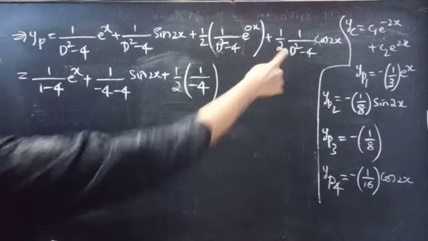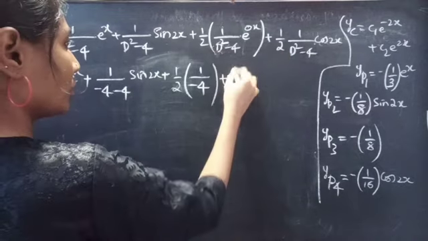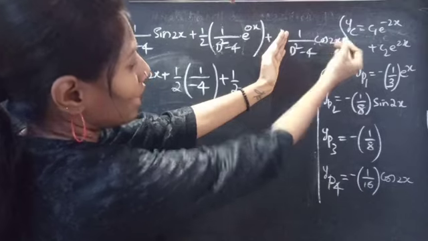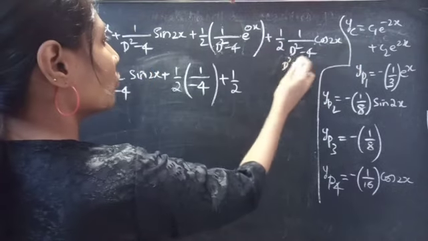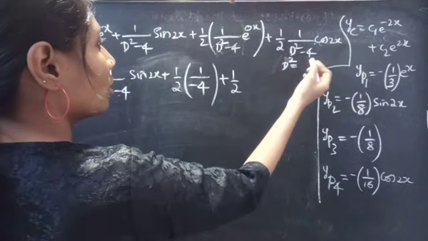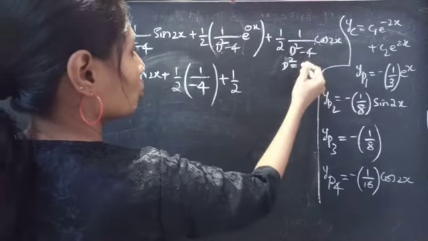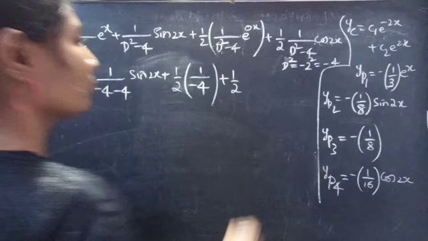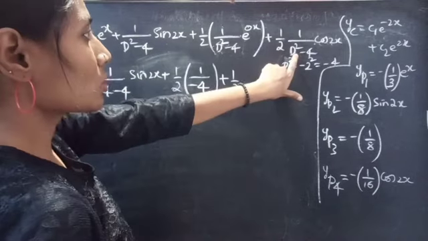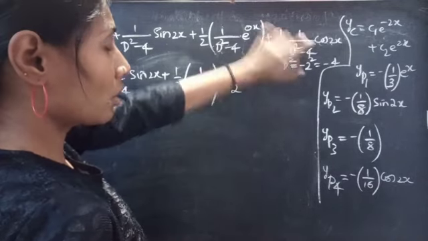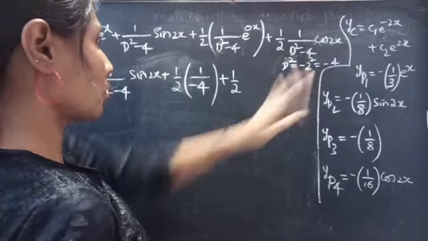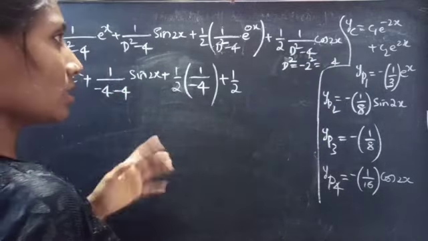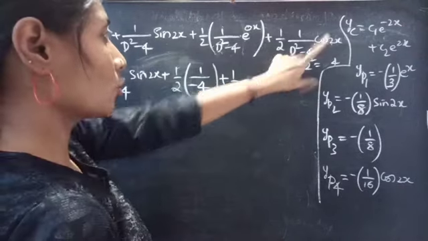Now, coming to the last term, 1 by 2 into, and this is of 1 by f of d into cos ax form. For a equals 2, we'll find d square, which is given by minus 2 square equals minus 4. If we replace d square by minus 4, the denominator becomes non-zero. What happens if we get 4? If we get d square equals 4, then 4 minus 4 will be 0.